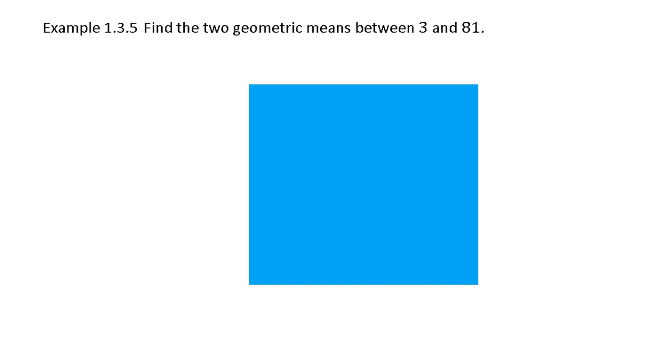Find the two geometric means between 3 and 81. We are given a sub 1, which is 3, and a sub 4, which is 81. Okay, two geometric means. So it means this is 1 and 3, and then we have 2, 3, and then 4. Okay?